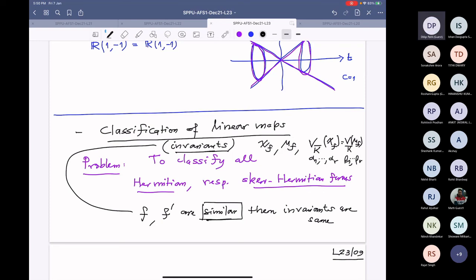That is the relation we are taking, similarity. That means your matrices will differ like this: if you have a matrix of F and a matrix of F prime, they will differ like this, A inverse.